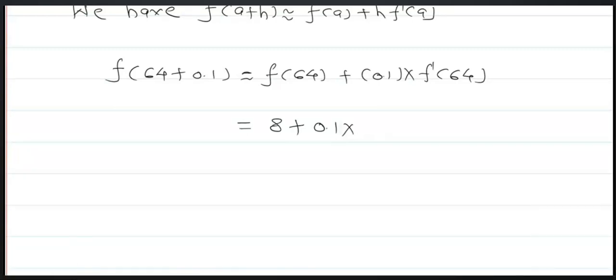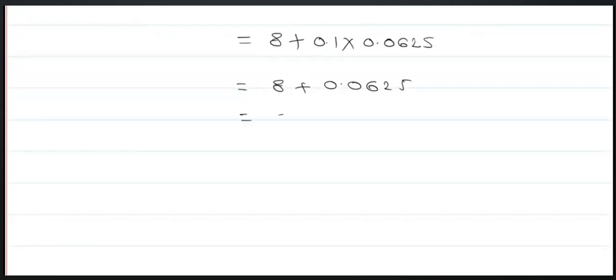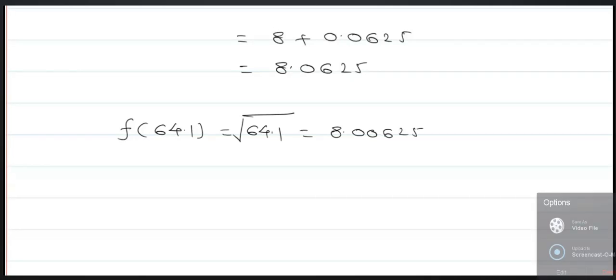Now we want to find its derivative, that is 0.0625, the value of 1 upon 16. Therefore, the total is 8.00625. So f of 64.1, that is root of 64.1, is equal to 8.00625.